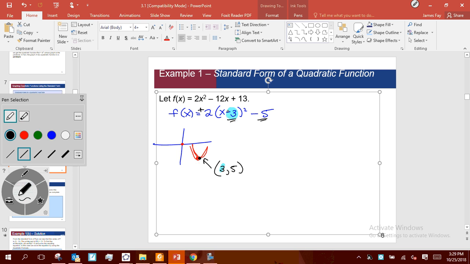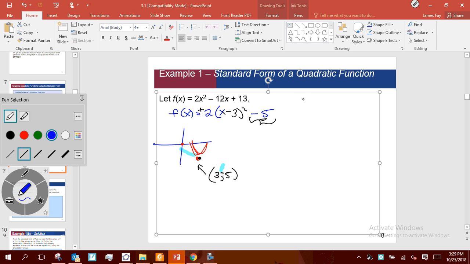If this was positive 3, it would have taken the curve the other way, so the vertex would be at negative 3, negative 5. So it's kind of the opposite of what we're seeing with that sign. And then for this one, keep the sign the same way. So I should have put negative 5 there. So that's my vertex. The vertex tells me a lot of stuff.